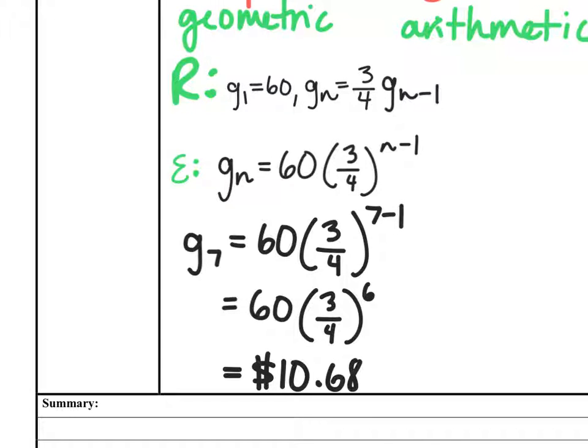Do you need me to go over how to put this in your calculator? Wait, wouldn't it be 6, 7? Let's fix that. There we go.